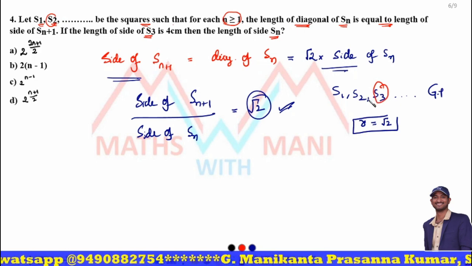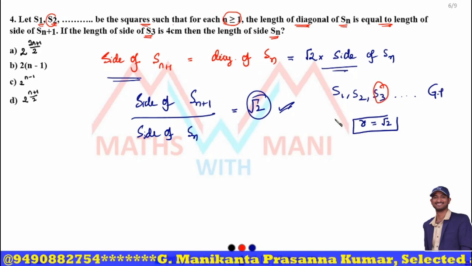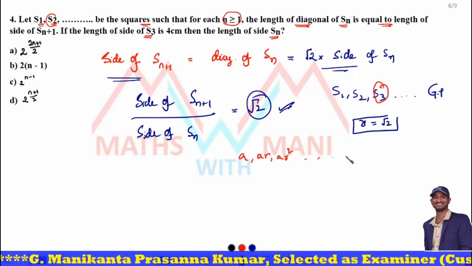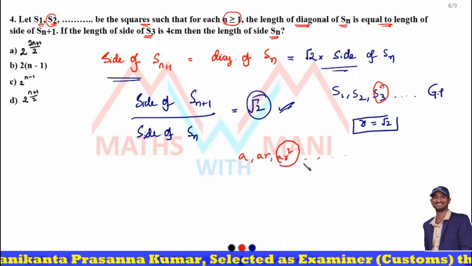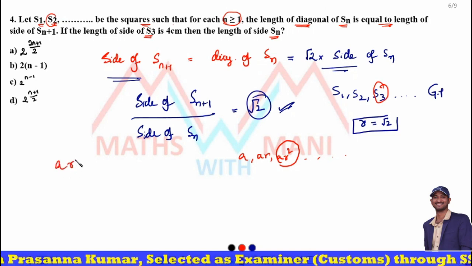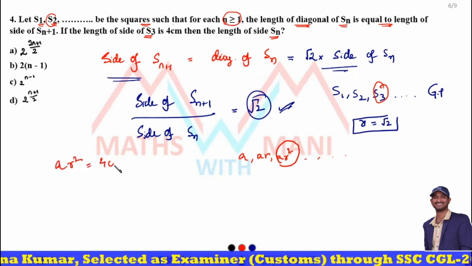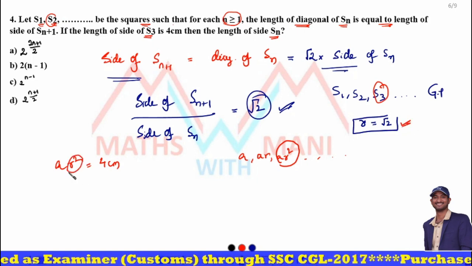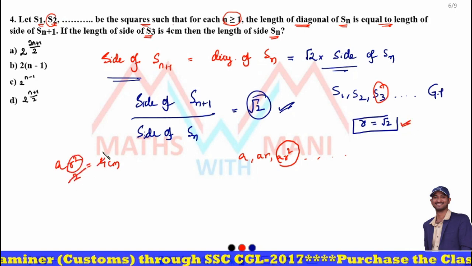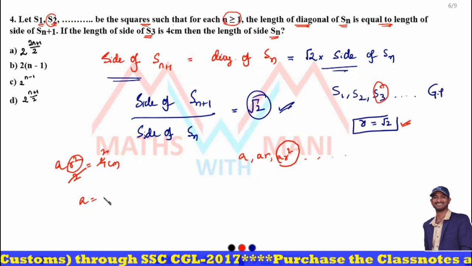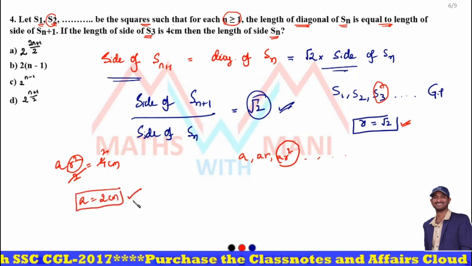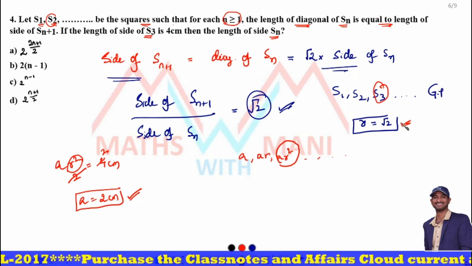Can you tell me the general term of the geometric progression? A R square and so on. The third term, S3 equals A R square, is given as 4 centimeters. What is the value of R? Root 2. So R square equals 2. So 2 ones, 2 twos. So what is the value of A? 2 centimeters.